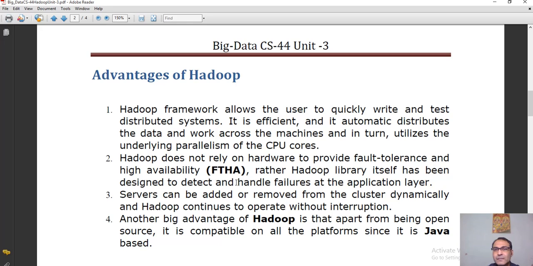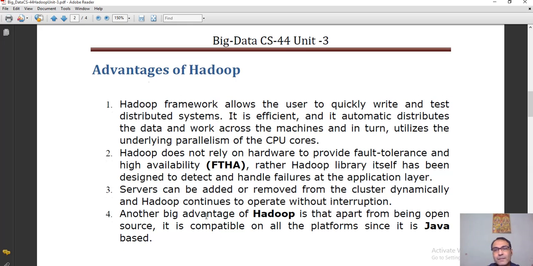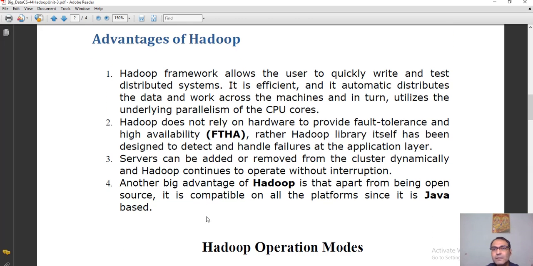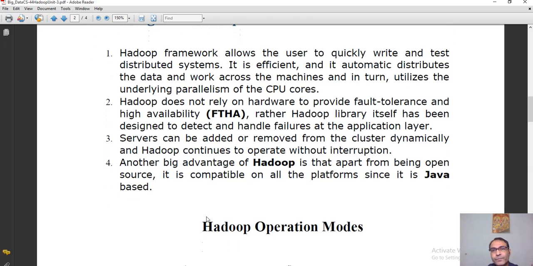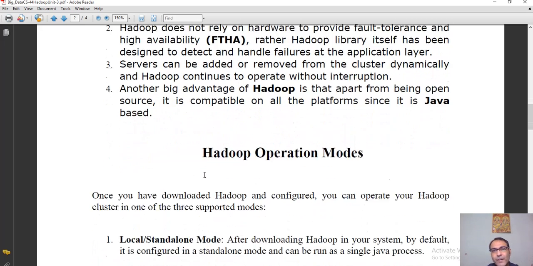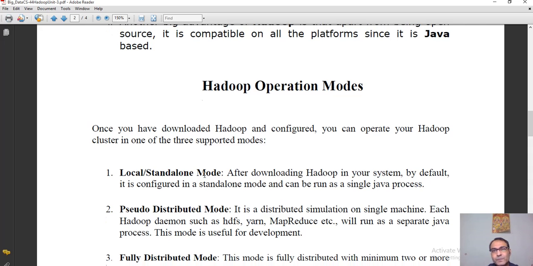Servers can be added or removed from the cluster dynamically, which means that whenever the data size increases, it will automatically add one or more servers through the Hadoop managers. It is compatible with Java, so it uses all the sources of the Java programming language.